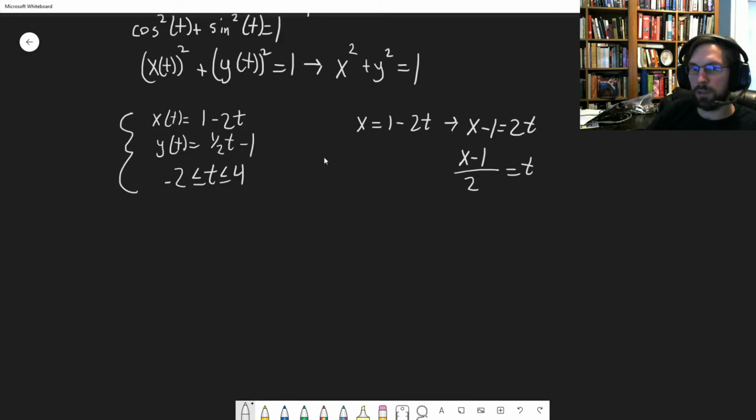I can substitute that into my y equation. So y is equal to 1 half times x minus 1 over 2, minus 1. We can simplify this a little bit. This is going to be x over 4 minus the fourth, minus 1 becomes minus 5 over 4.